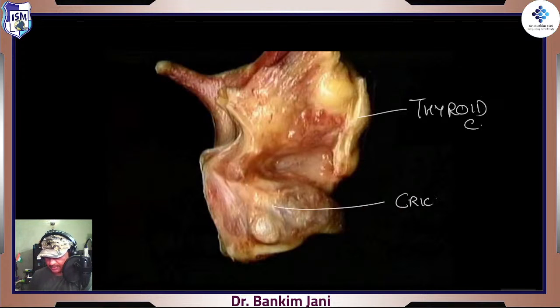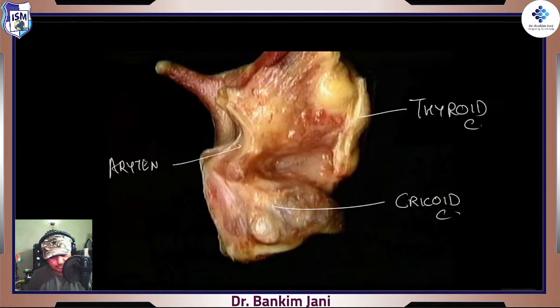So orient yourself very properly. Easy things first. This is thyroid cartilage. This one is cricoid. On the head of cricoid, that is arytenoid, all this graceful curve.